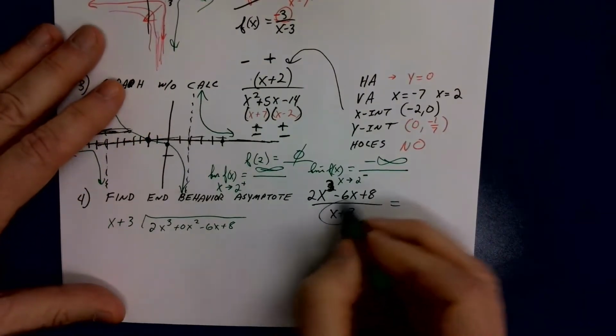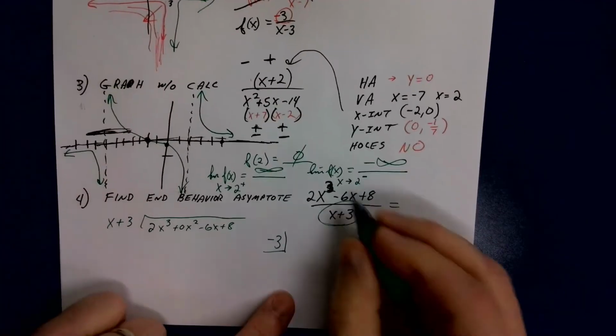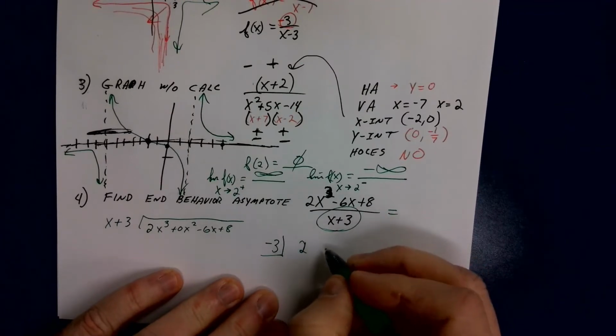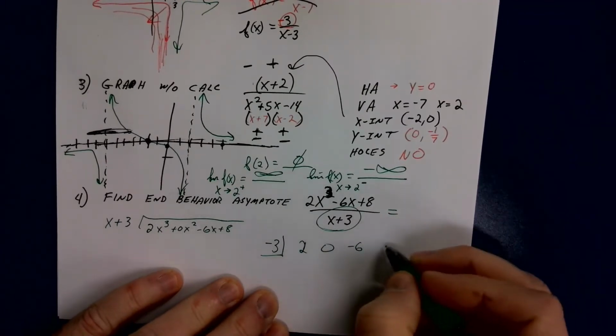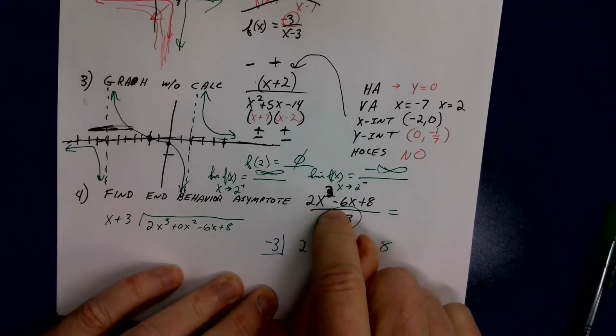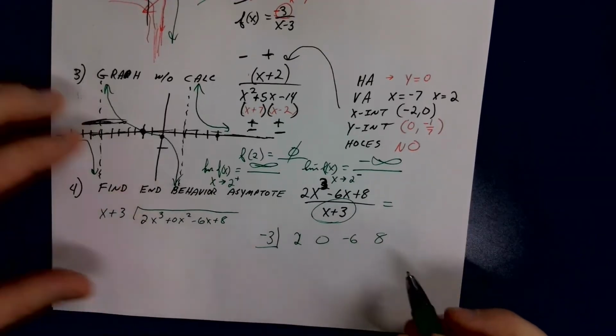But since this is just a linear term, we could also do synthetic division with a 2, a 0, a -6, and an 8. Remember, we have to put the placeholder in because there's no x squared term. So I'm going to do this both ways, and we'll see.